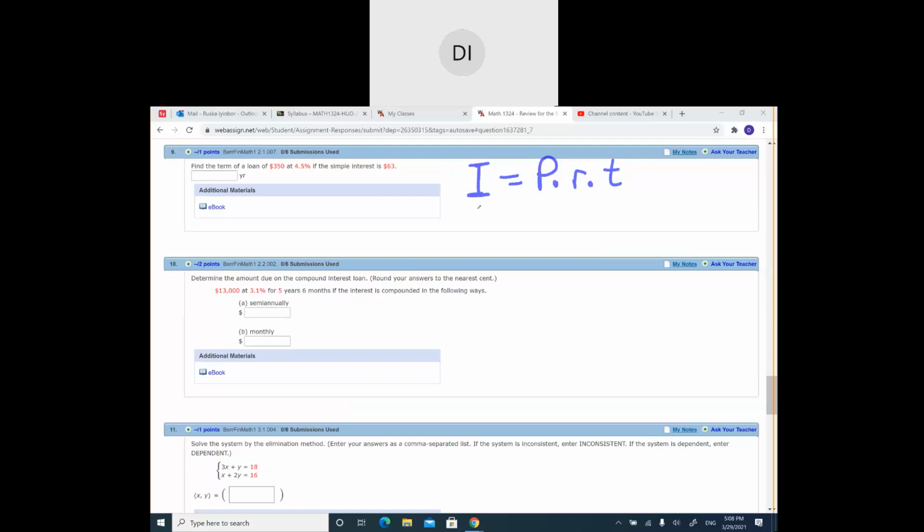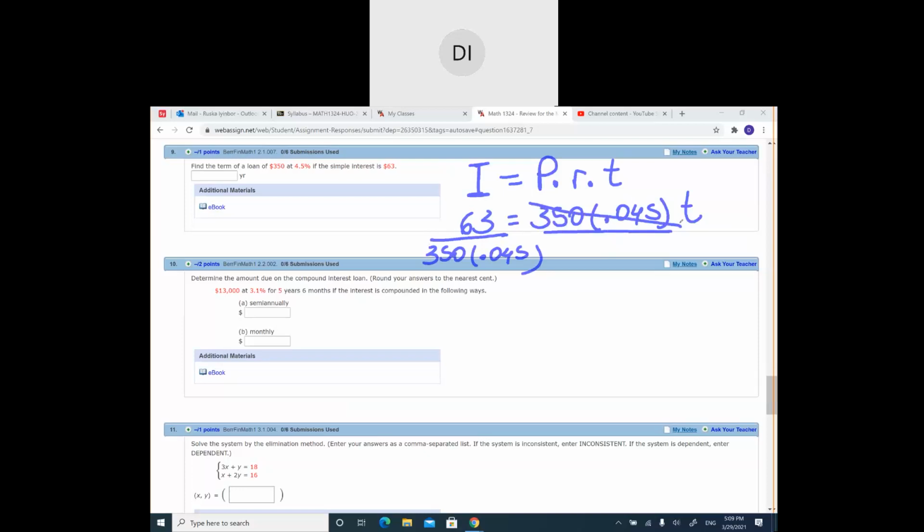You plug it in: 63 is the interest, the principal is 350, the rate is 0.045, and then times T. Now, in order to get T by itself, I have to divide 63 by 350 times 0.045, and this cancels on both sides.